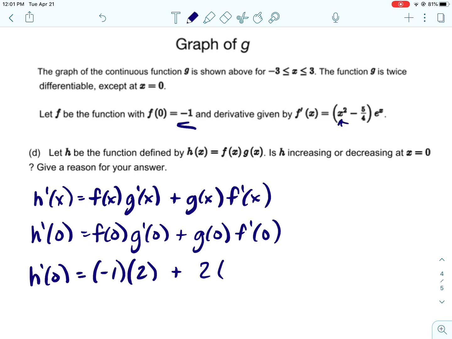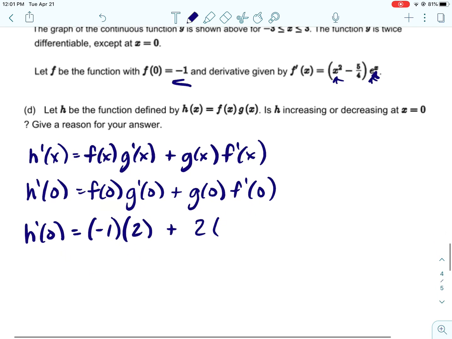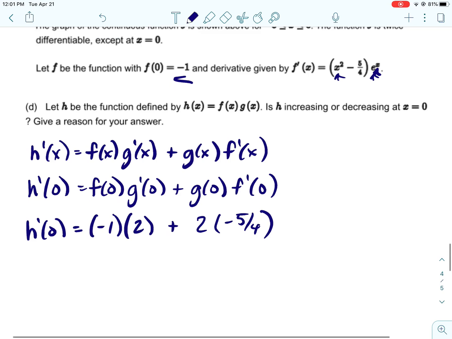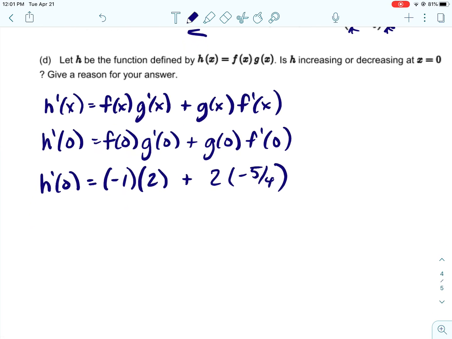G of 0 we can get from the graph. G of 0 is 2, or we can get from the table right here. And then f prime of 0 we can get from the function. So we would put 0 in for both of these x's, and then that is going to give us -5/4.